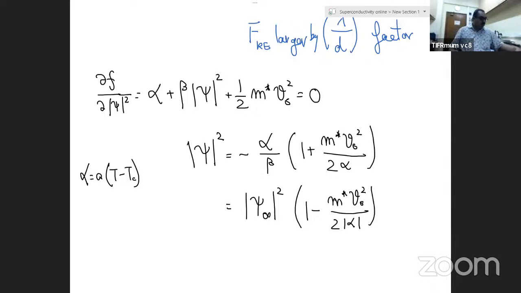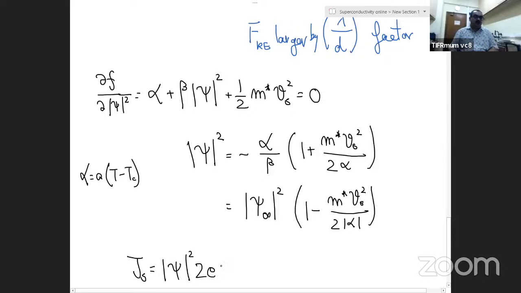So now Js, the supercurrent density, you know that it is psi mod square into e star.